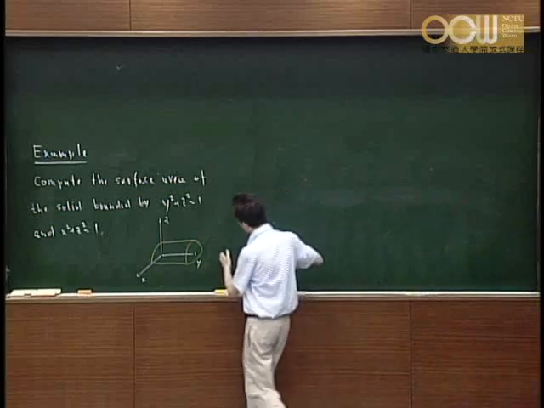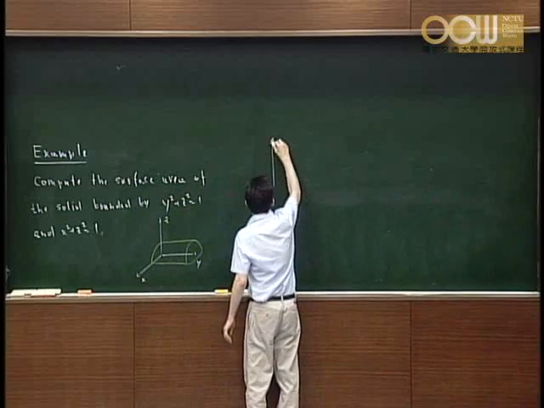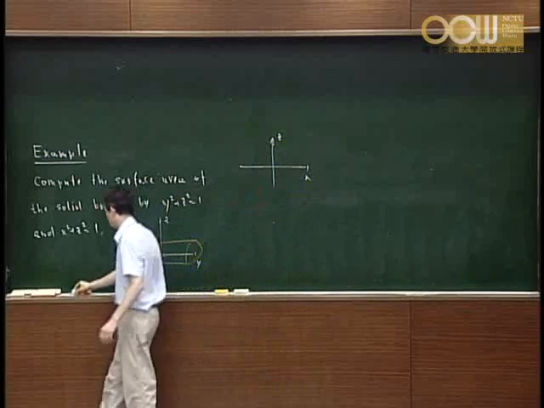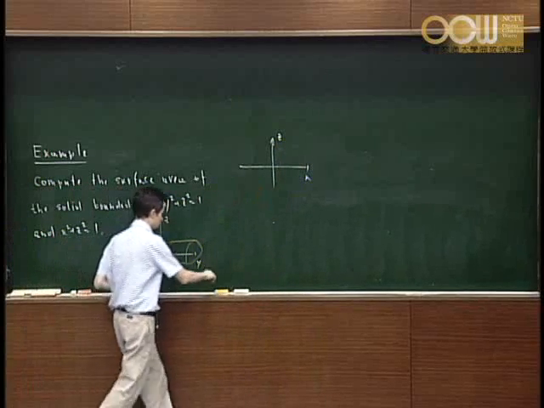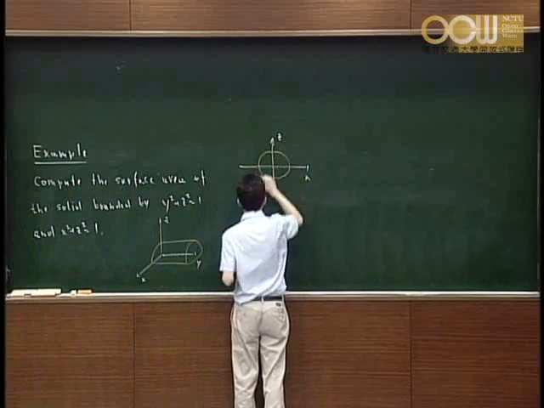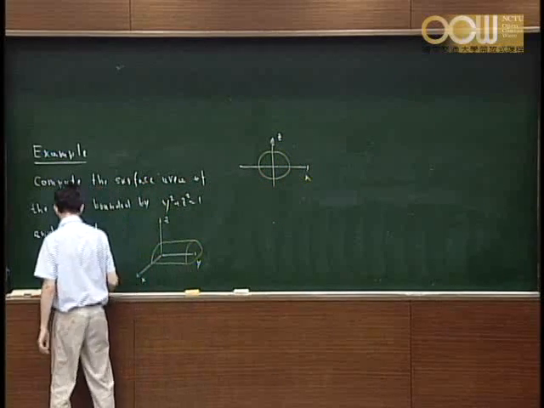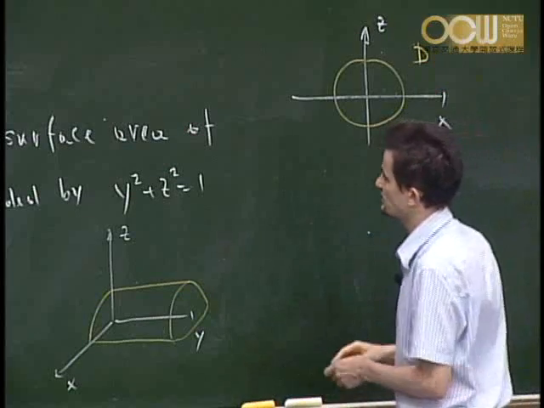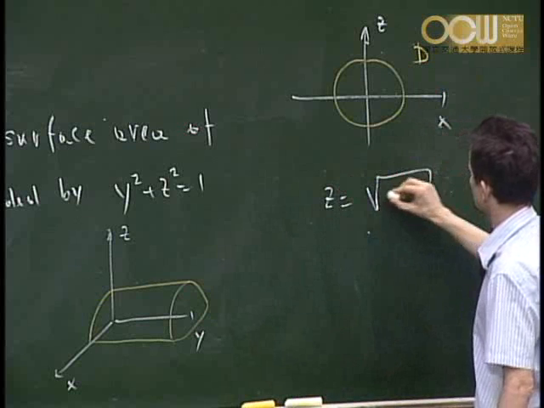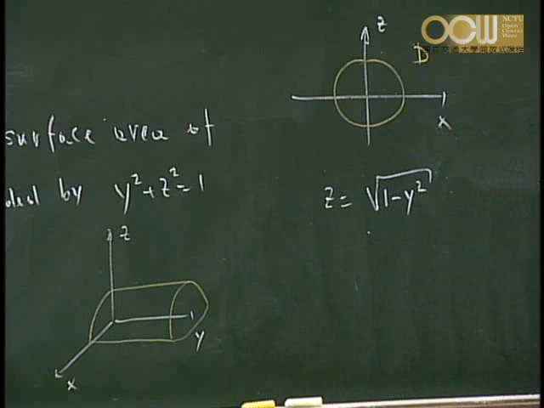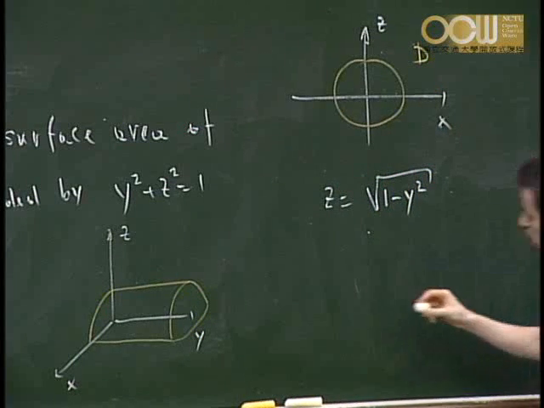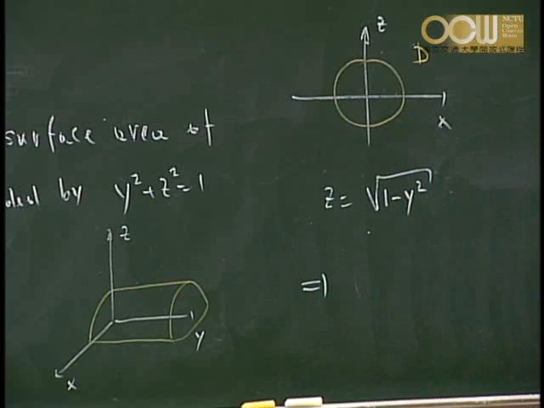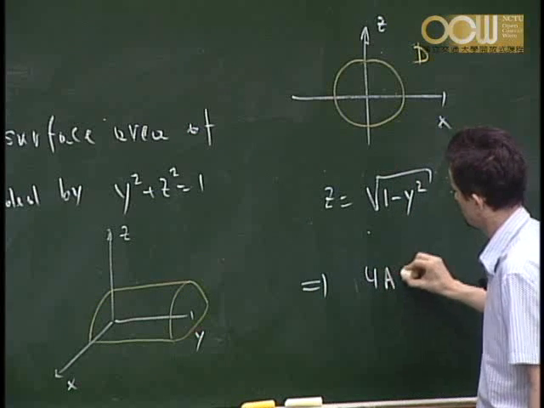If I project the solid onto the xz plane, what I get is just a circle with radius 1, and I have to integrate over this. So this is my D, and our function is also very easy. The function is just the square root of 1 minus z squared. This is just a fourth of the surface area.